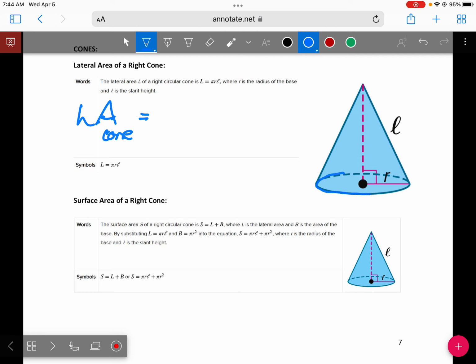If I talk about the perimeter around it, it is a circle. So it's got part of that in there, but the lateral area is pi times r, which is your radius, times L, which is your slant height, again. Slant height.